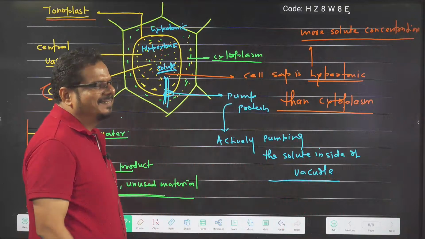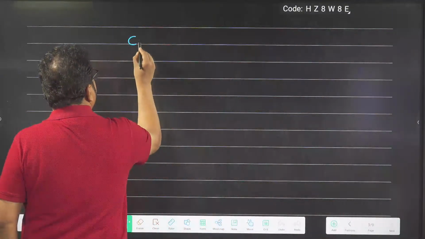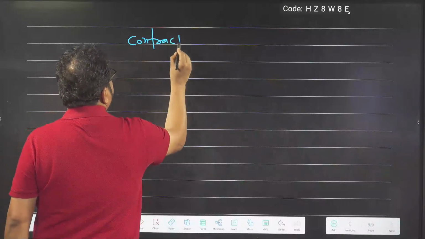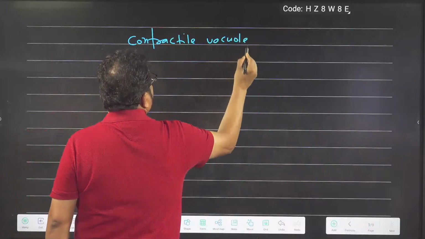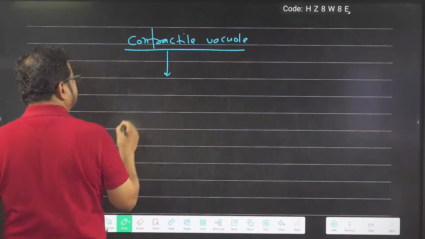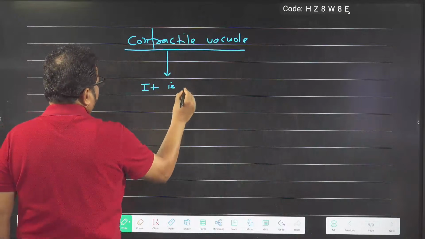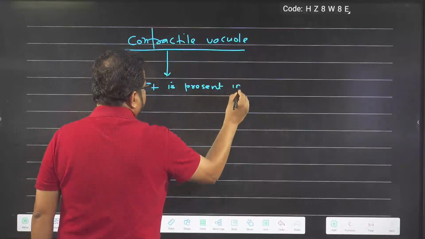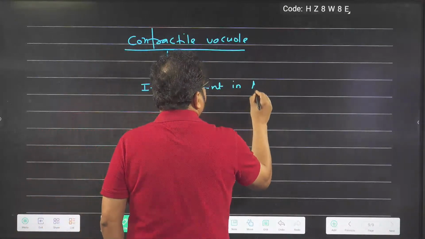Is it clear? Okay. Now I am telling you about the contractile vacuole. It is present in, for example, amoeba.